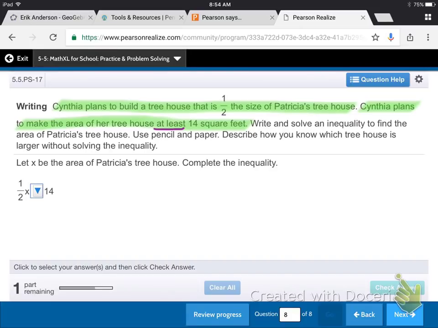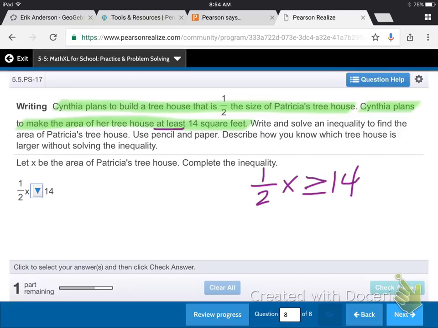It can be 14 square feet, but it's going to be either 14 or something bigger. That's what at least means. So if we write down 14 over here, how do we say at least 14? Greater than or equal to 14. And we know 1/2 the size of Patricia's house is going to be greater than or equal to 14 square feet. That's the inequality.